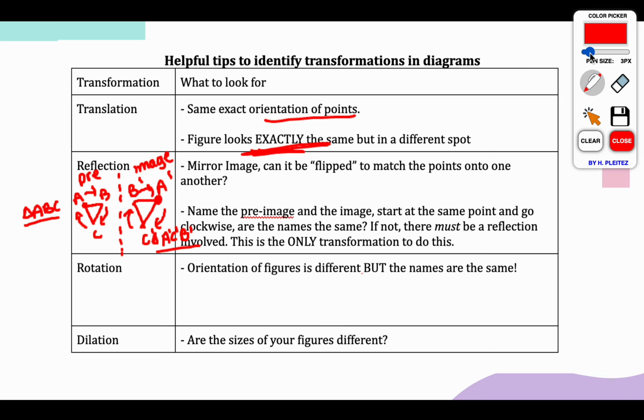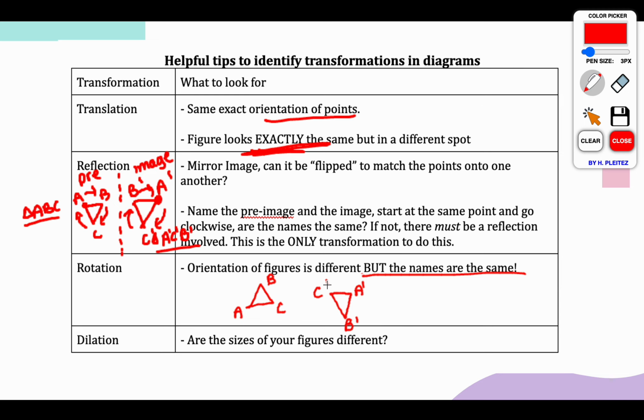So with a rotation, the orientation of our figures is different. They're not going to look exactly the same, but the name should be the same. So if we have a triangle like this and we name this triangle ABC, and then we rotate that triangle around, maybe to look something like this, we can clearly see that the orientation isn't the same.